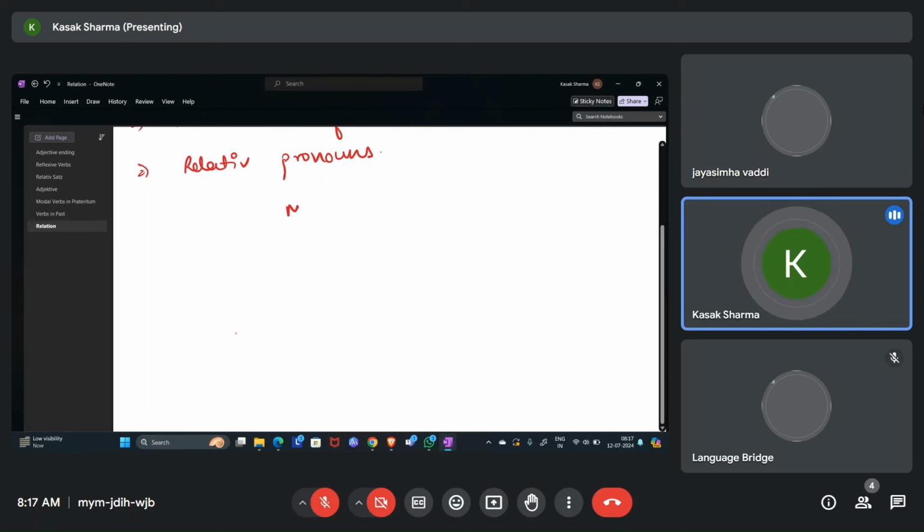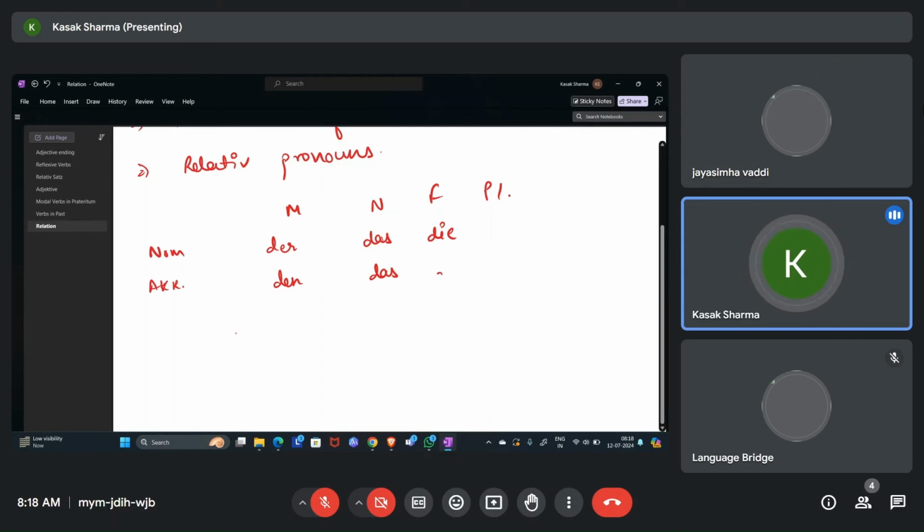So relative pronouns are nominative and accusative. Basically, dative and genitive relative is also there, but we study that in our B1, which is the same as our bestimmt article table, but the meaning changes here.